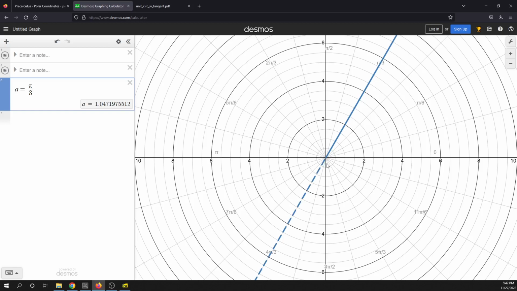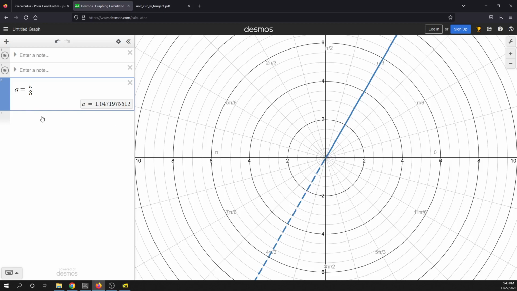On Desmos, I have it set up so I can see a little easier what the opposite direction is. So that would be down here along this dotted blue line, and I walk 2 units in that direction, going in the opposite direction because the r is negative. So the point (-2, π/3) is going to be located right here.